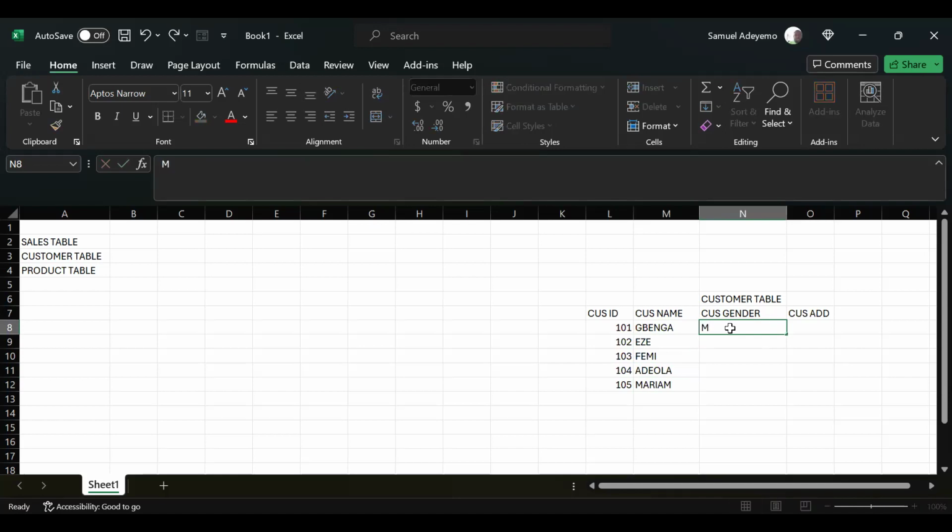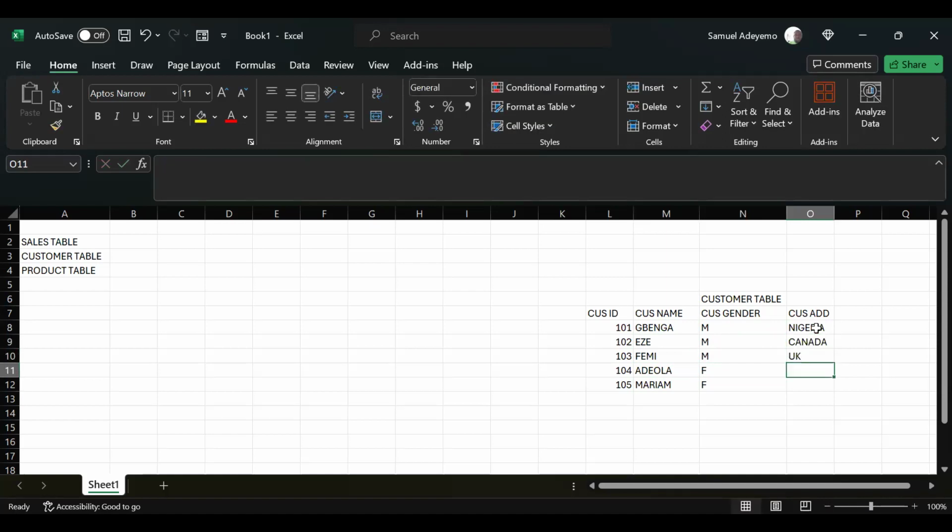Customer gender, Benga is a male, female, right? Customer address, I have Nigeria, I have Canada, I have UK, I have Australia, I have Germany, right? So this is my customer table.